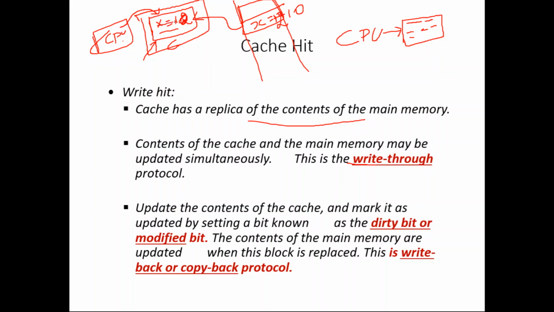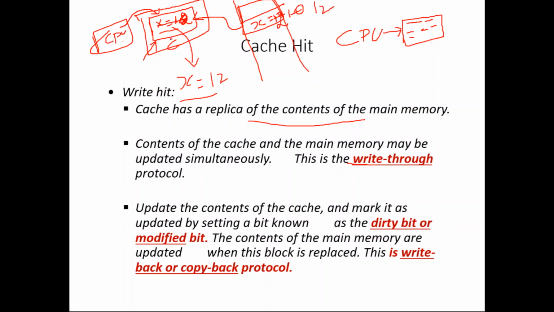So initially this is 10, which we are making 12. The memory control circuitry is making this 12, and while you are making this 12, at the same time change the content of the main memory also. This also you make 12.